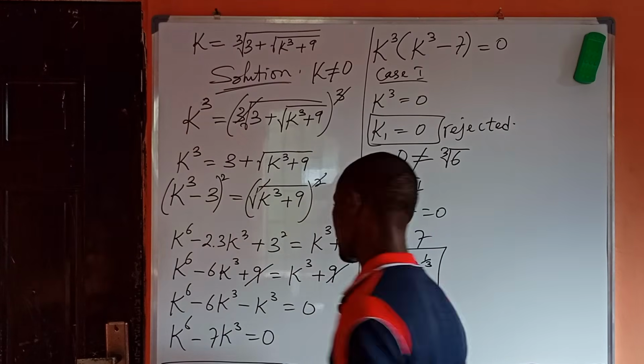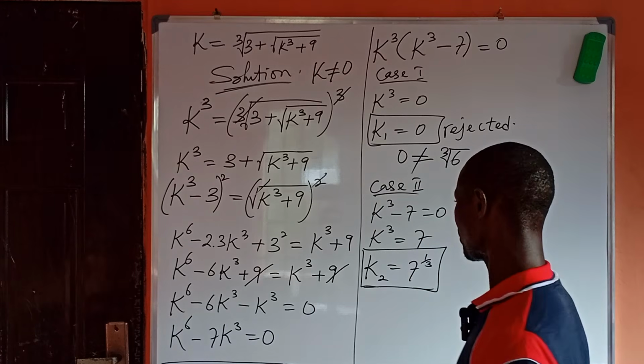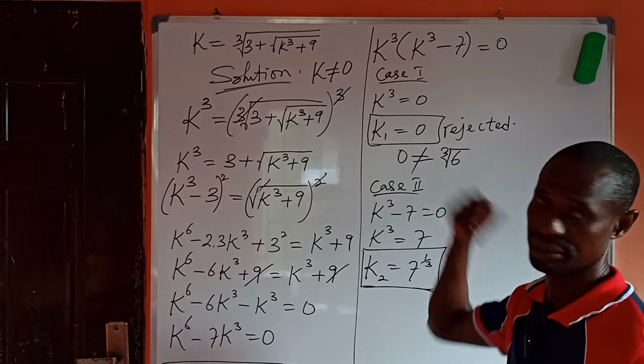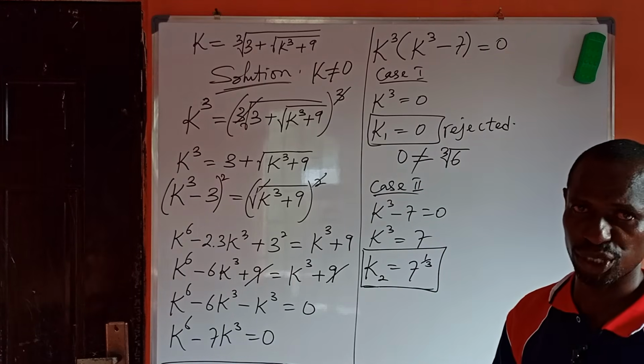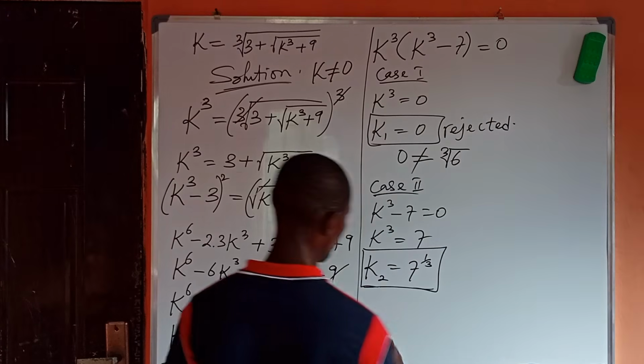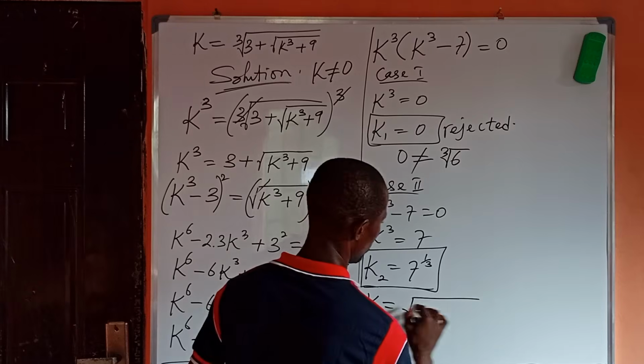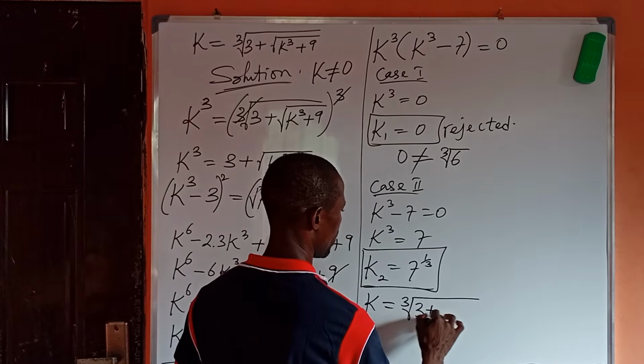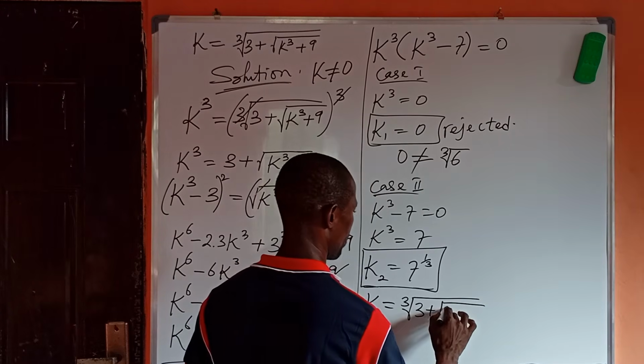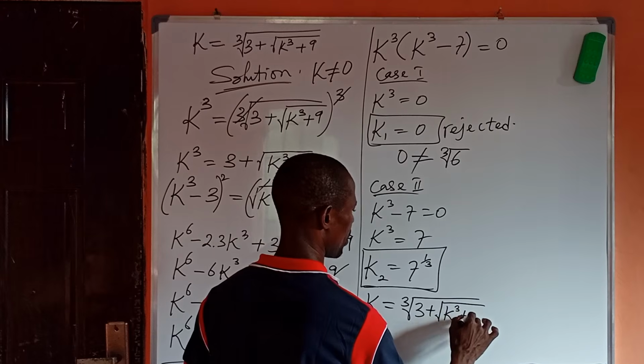Now we're going to check if this value of k2 actually satisfies the original equation by doing a simple substitution. Our original equation is k equal to the cube root of 3 plus the square root of k raised to the power of 3 plus 9.